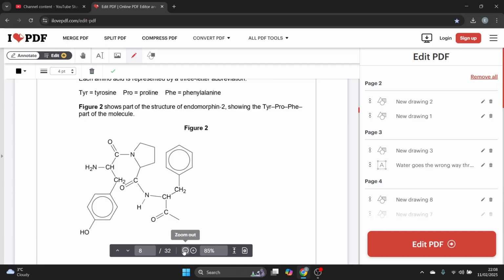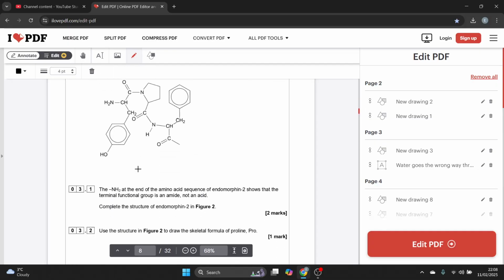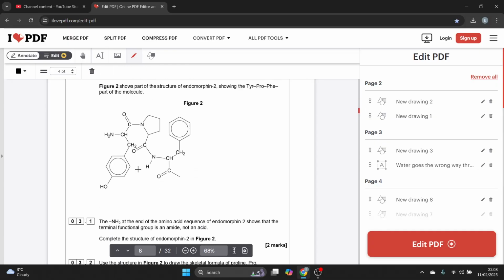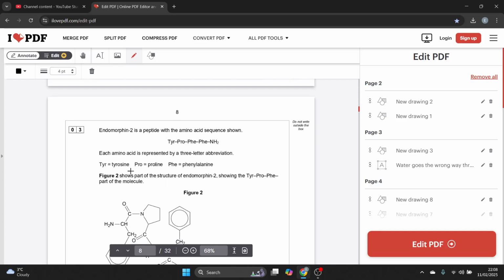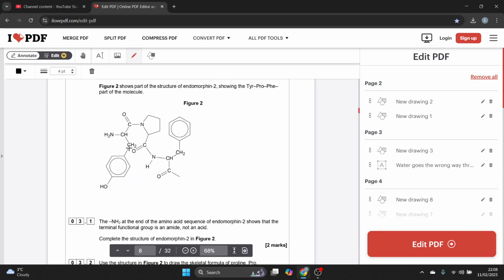Then it says complete the structure of endomorphin 2. And it has NH2 at the end of the amino acid. It shows that it's an amide, not an acid. So I've got this.